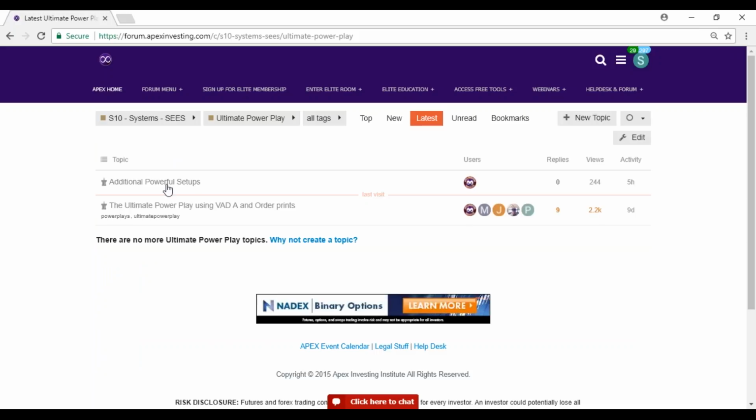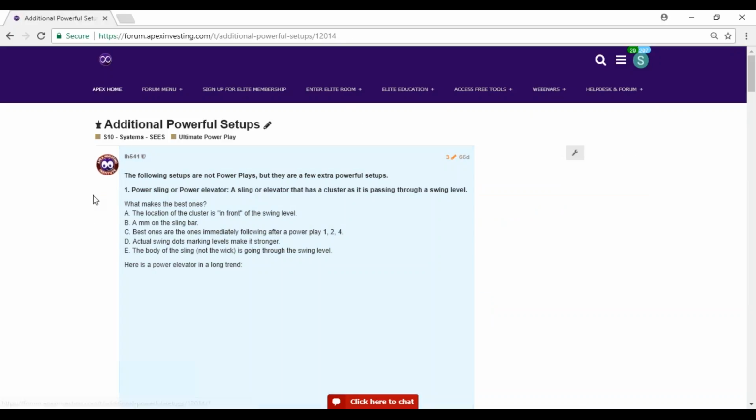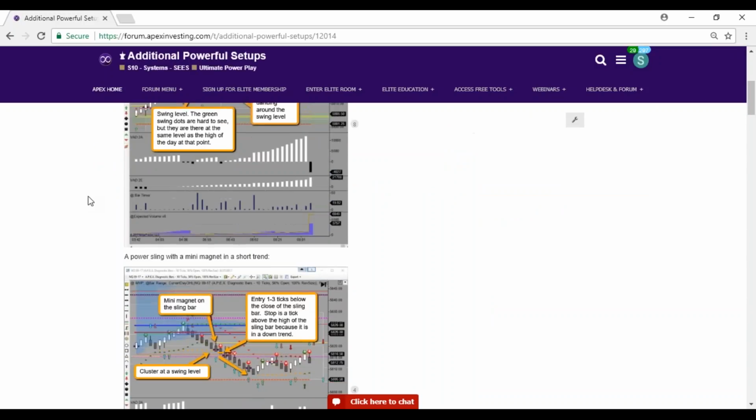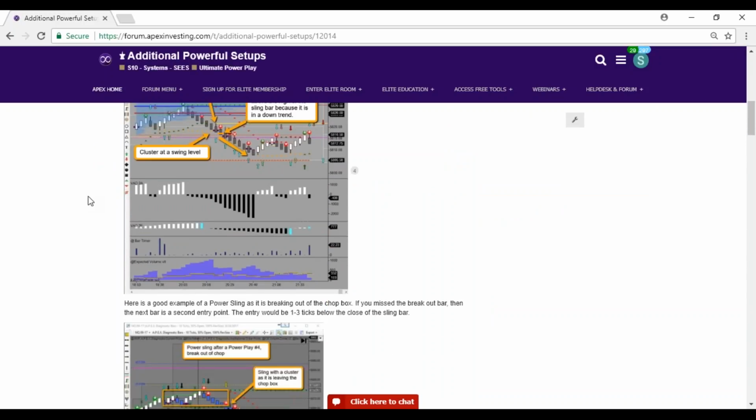Same place you went for the initial power play training. And remember, for the power play training, you went right here to this one. We now added this one above it. It says Additional Powerful Setups. You just click that, and it'll go through that forum post I just walked you through. Power slings, power P's, power X's. Got that?